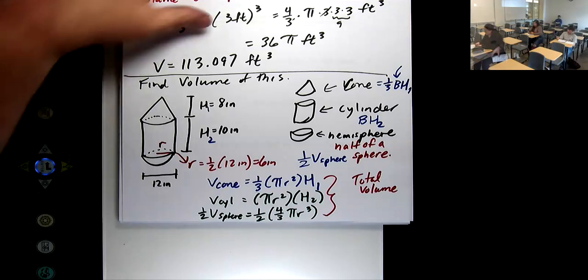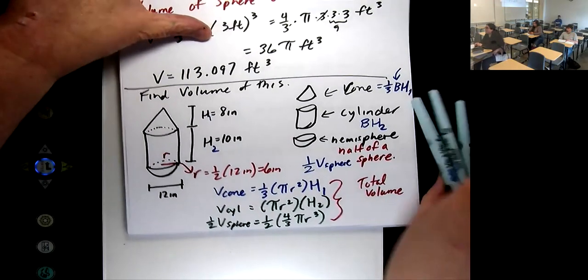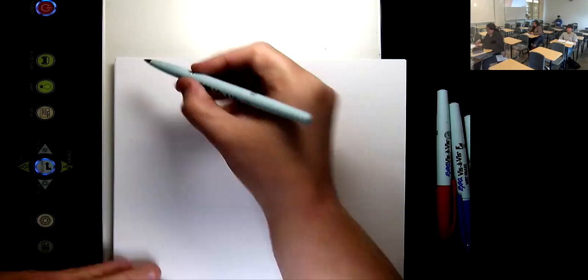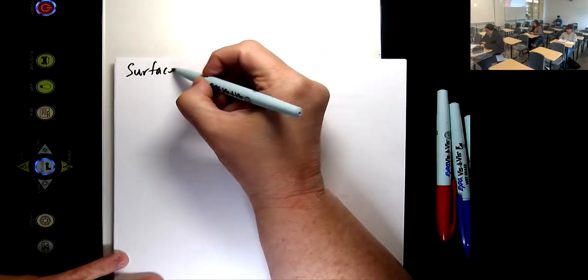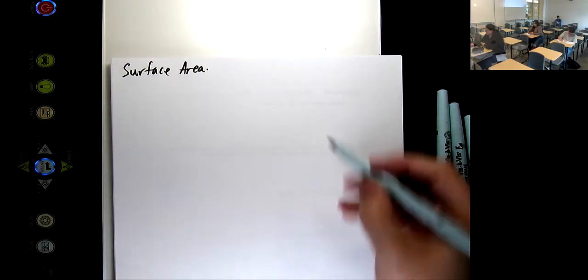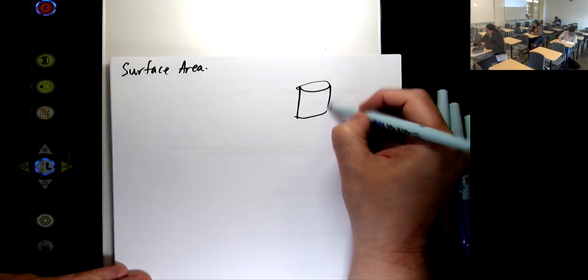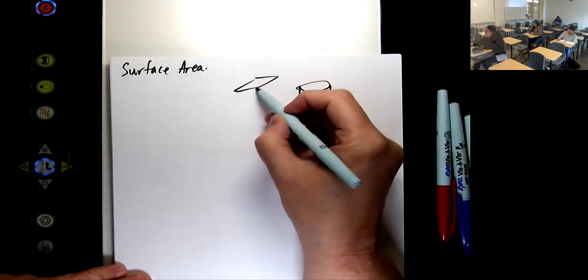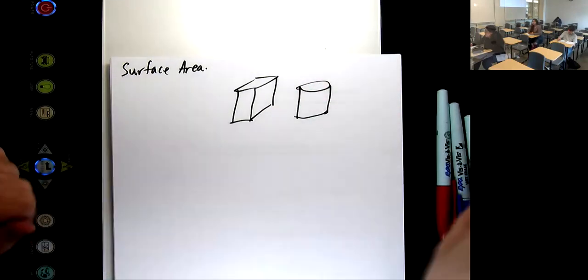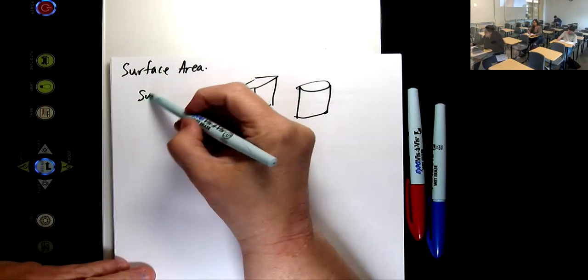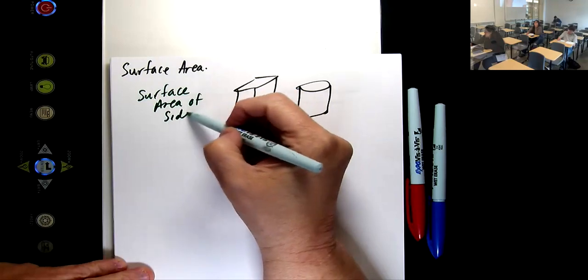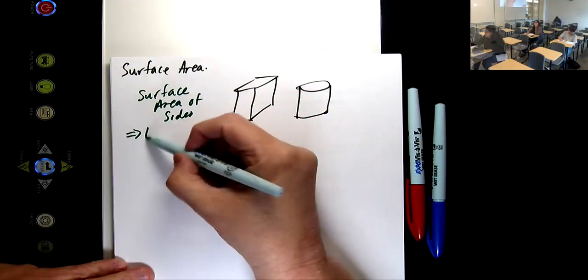All right. So let's talk about the other part that's in this chapter, surface area. Like when we have a cylinder or a box or something like that, we call the surface area of the sides the lateral surface area.